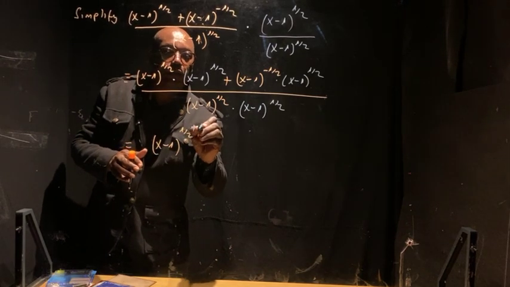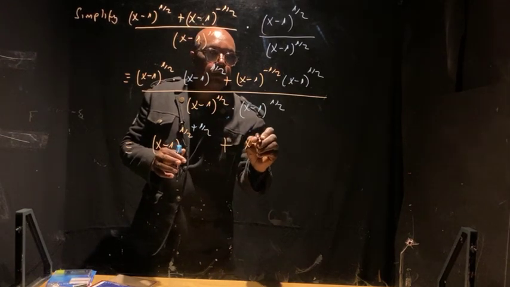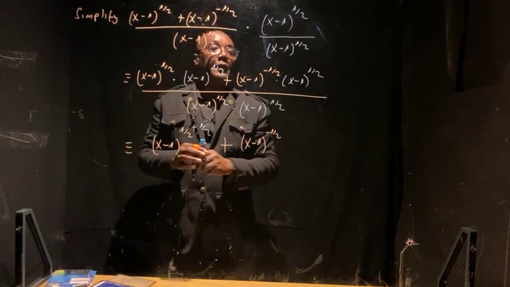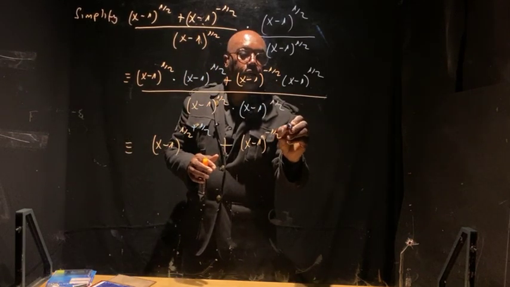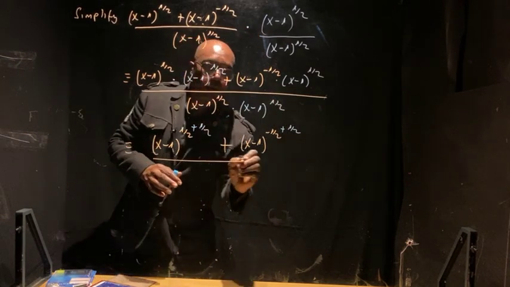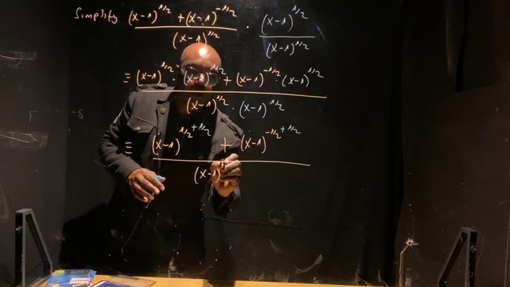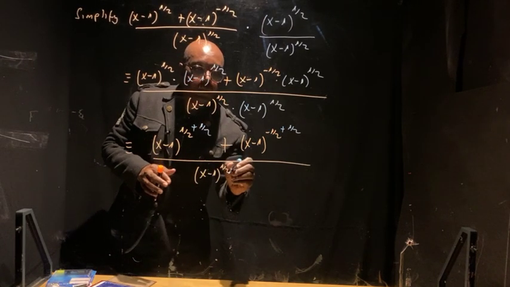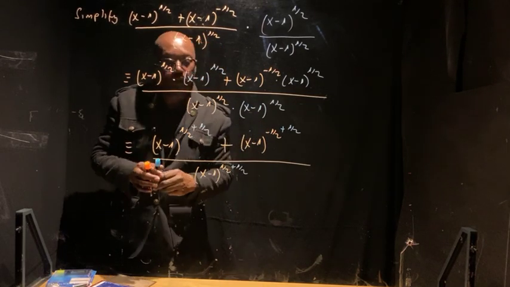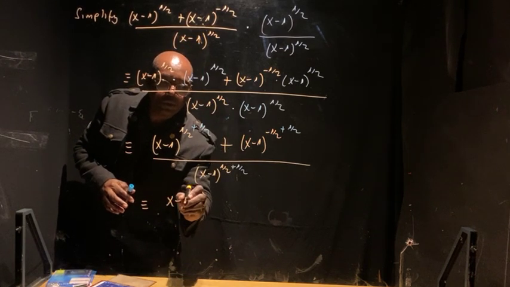plus half, plus x minus 1 raised to the power negative half, the same base, plus half. Good. And the denominator becomes x minus 1 raised to the power half, the same base, plus half, which is not different from x minus 1.